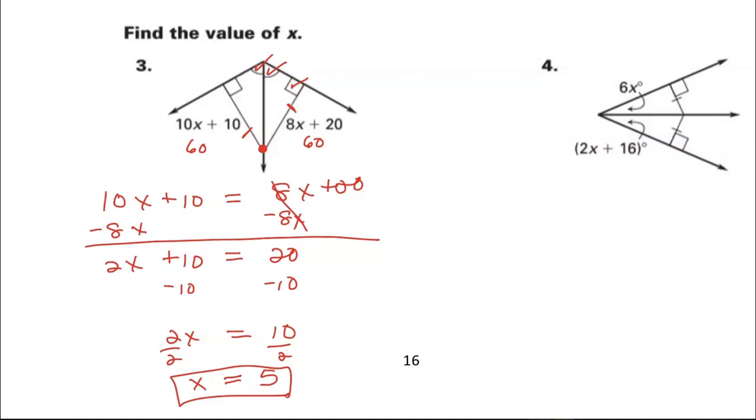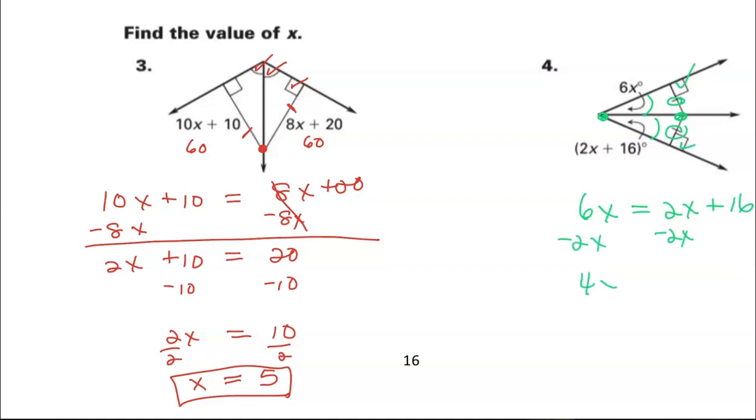They want the value of x. So what am I seeing? Right angle, equal, equal. This must be an angle bisector. If that's an angle bisector, this has to equal this. We can set those two guys equal. Now, I'm going to move my 2x over here.